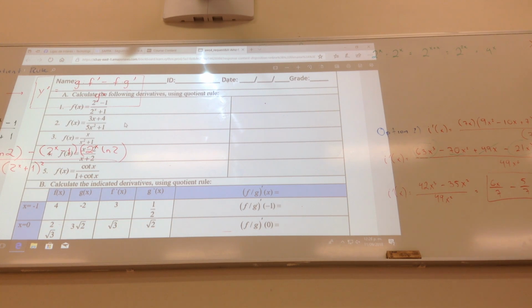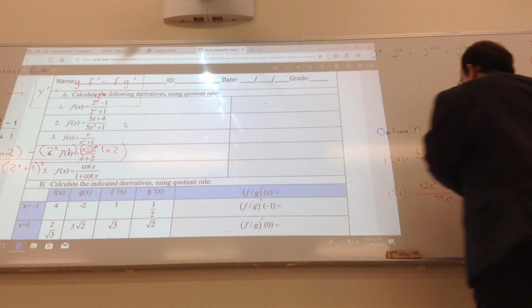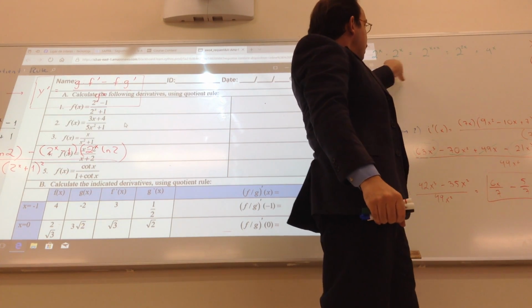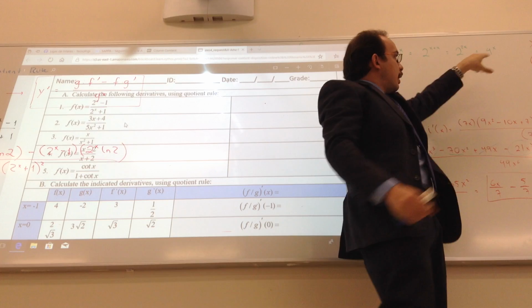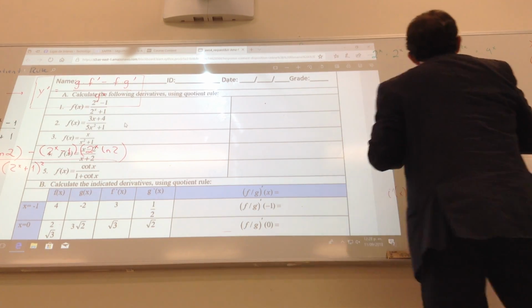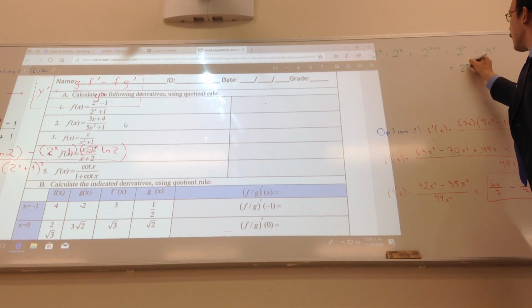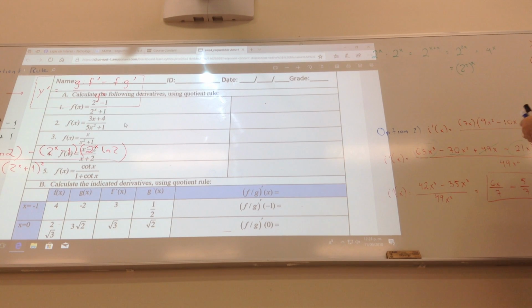Si yo tengo así, ¿qué pasa? Ok, pues vamos por partes. Estos dos quedan así, ¿de acuerdo? Entonces, yo puedo ponerle que, por ejemplo, aquí tengo 2 a la 2 a la x, ¿sí o no?